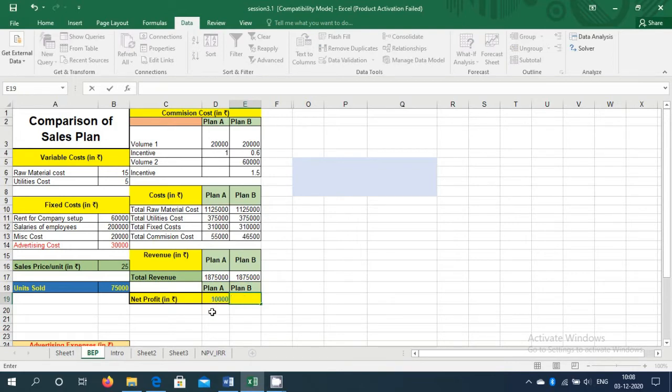Similarly for this one, let me drag and see whether this one is working or not. No, it is not working, it is freezing. So what I'll use is again the total revenue of plan B, and I'll find out the difference from the sum of plan B total cost.